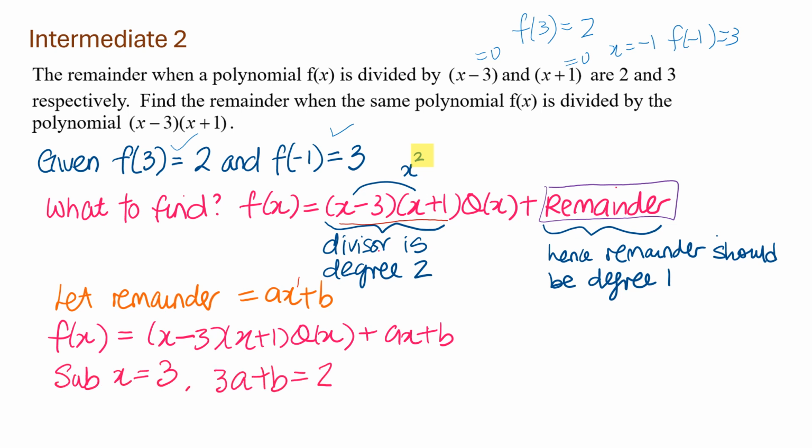Right. Likewise, I'm going to substitute x to be -1. So when you substitute x to be -1 here, this -1 plus 1 will give you 0. So you eliminate this chunk of thing here. And what you're left will be a times -1 plus b equals to the remainder, which is 3.